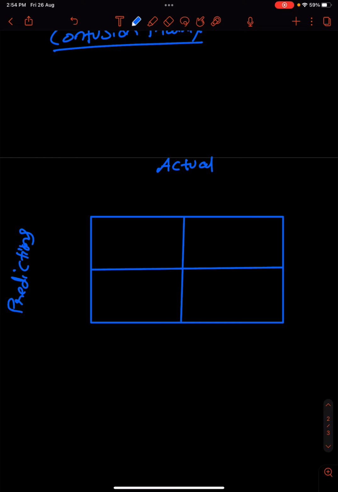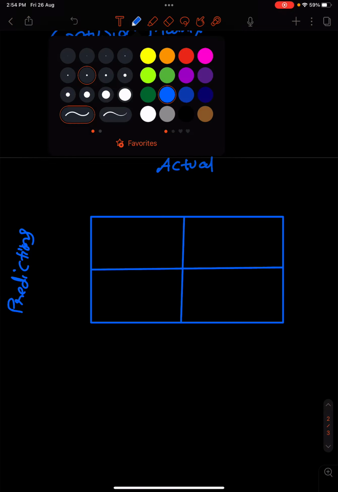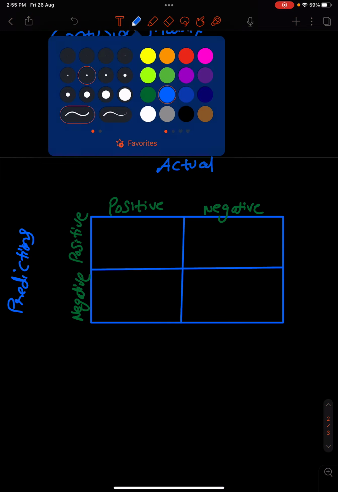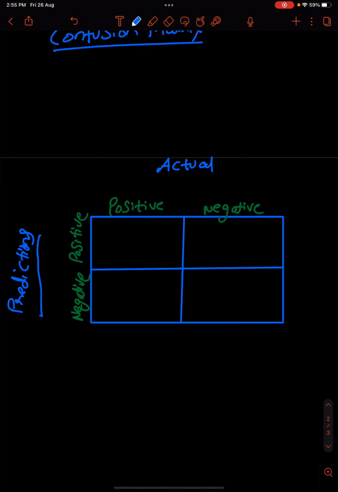Okay, and here I have the positive class and the negative class. Positive, negative, and here again positive and negative. So it simply means that the model will do some predictions and it could be positive or negative, and similarly there will be some actual values, which could be positive or negative.